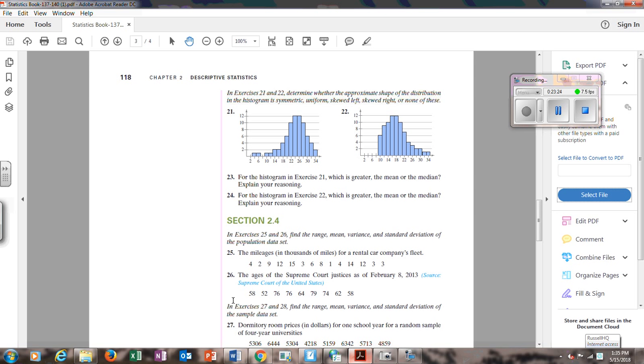is 5366.7. The variance is just taking the standard deviation and squaring it, sorry. So that would be your Sx in this case because it says it's a sample data set. So it'd be 649.7 or 649.8.